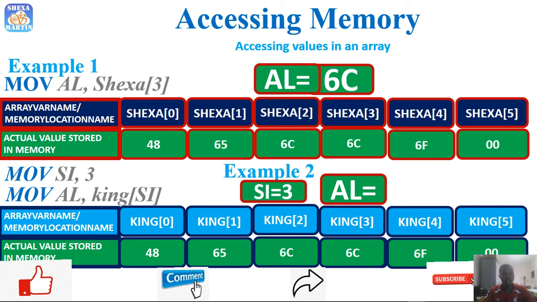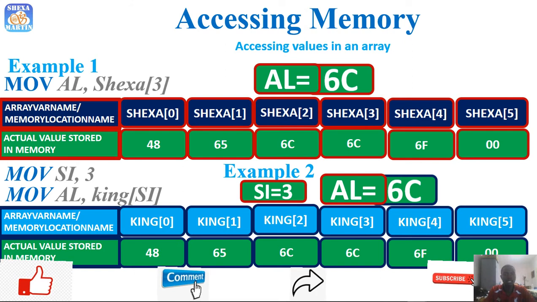So 6C is the one that is going to be moved to AL. Right, so why are we saying king SI is king index 3? Because SI's value is 3, right? So we are taking the value that is at a memory location named king SI, king index 3, sorry, then it's moved to AL. So this is what happens.